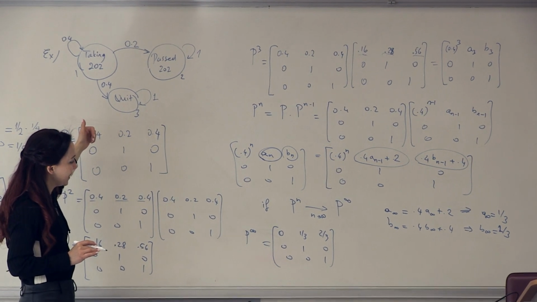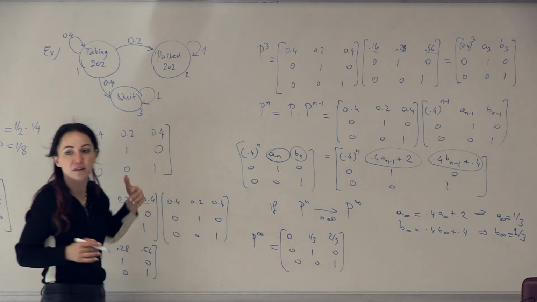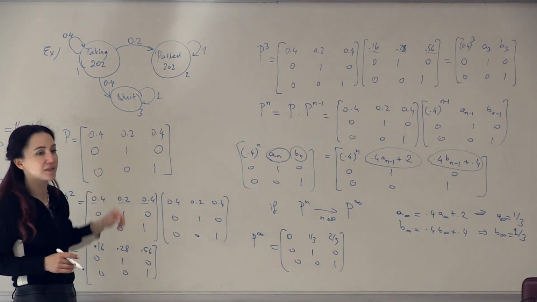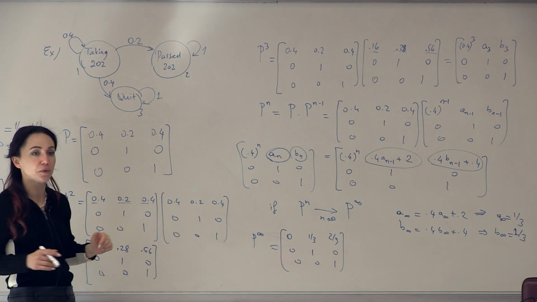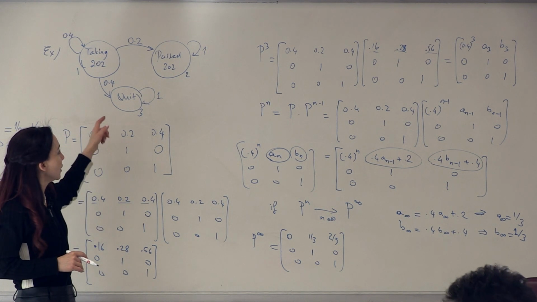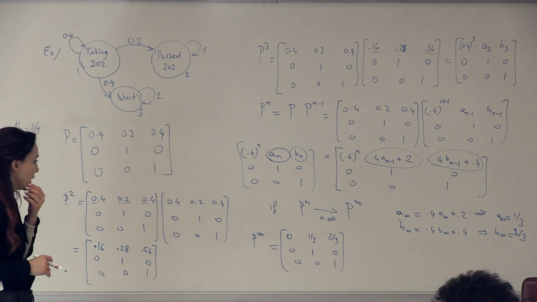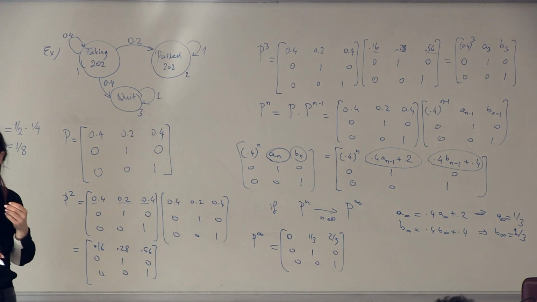Essentially it tells me that eventually only these two states will be occurring. Those are absorbing states, and next time we'll see, in fact, properly the classification of states in a Markov chain, where we'll define this properly. Okay. Any questions about this?